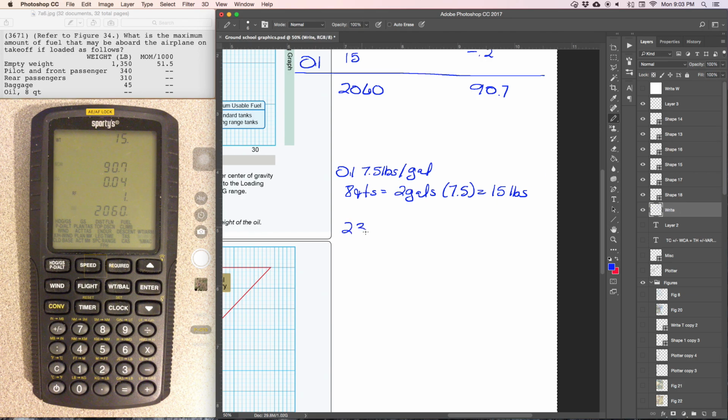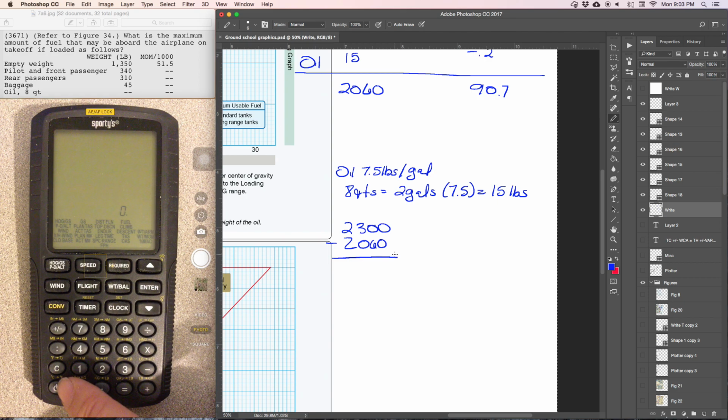So 2,300 minus the weight we have already is 240 pounds.